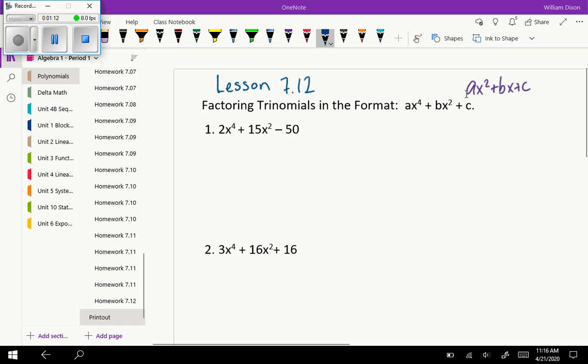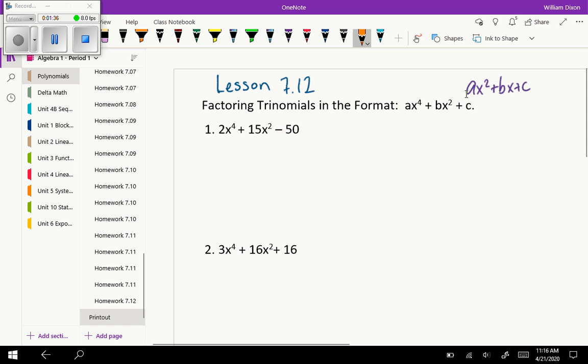Okay, after I establish that there isn't one, I'm going to look at the first term of the trinomial. And I see that the leading coefficient is 2, meaning it is greater than 1. So when the leading coefficient is greater than 1, I'm going to use my x method to factor the trinomial.